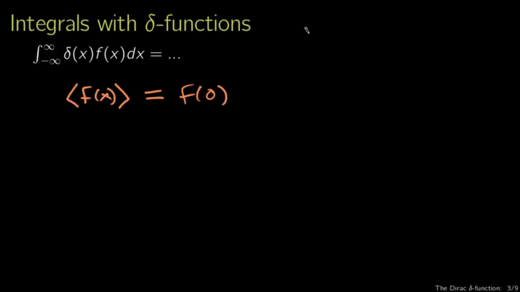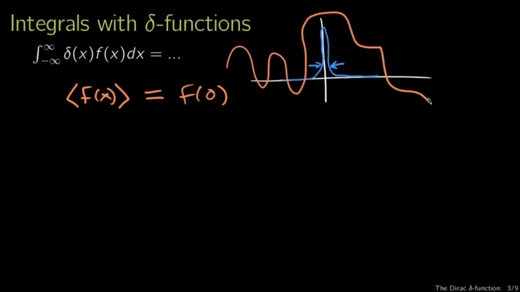Thinking about this in the context of a distribution, if we had a distribution with some very narrow width, and this width gets extraordinarily narrow, then no matter what f of x does out here, we don't care. As the distribution becomes extraordinarily narrow, we're just zeroing in on the behavior of f over this region, which makes f of x basically look like a constant.